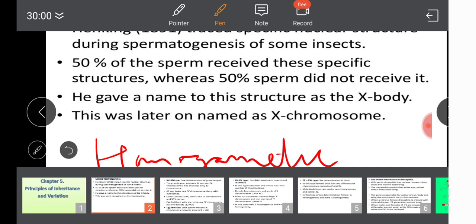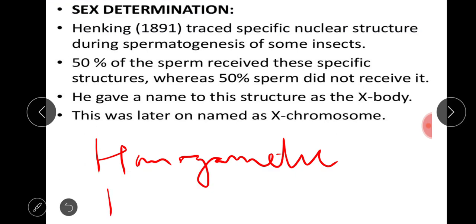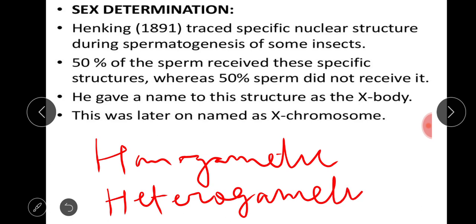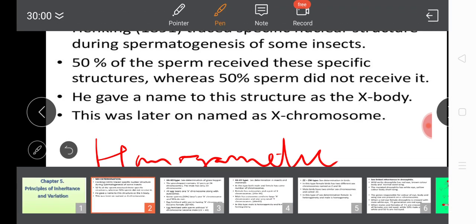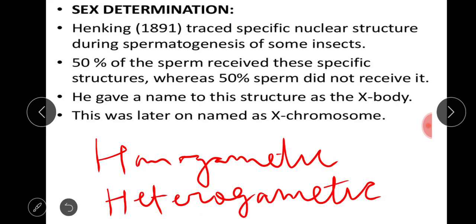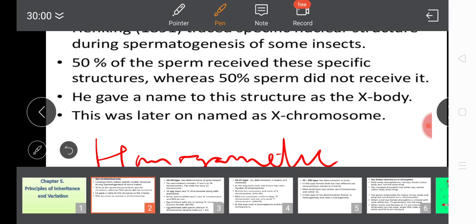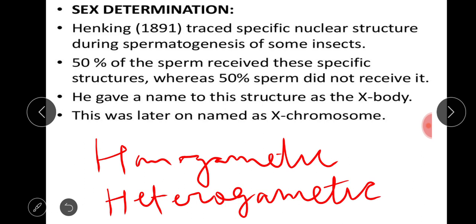And the second one is heterogametic, that is producing different gametes.